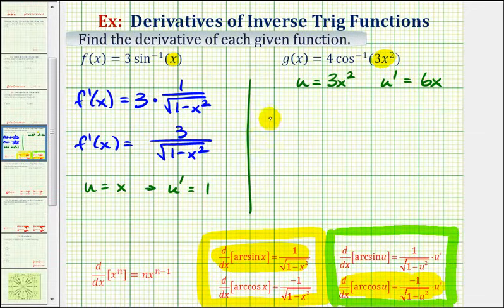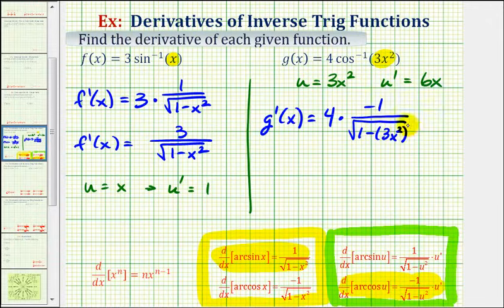which means g prime of x would be equal to 4 times the derivative of the outer function, which would be negative 1 divided by the square root of 1 minus u squared, or 1 minus 3x squared squared. This is the derivative of the outer function times u prime, which is the derivative of the inner function, which we know is 6x.